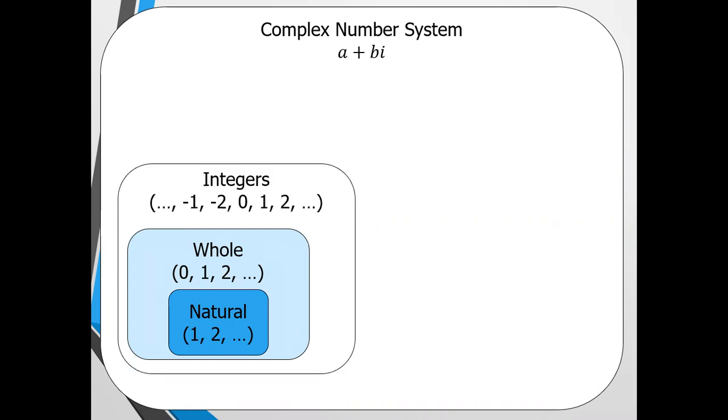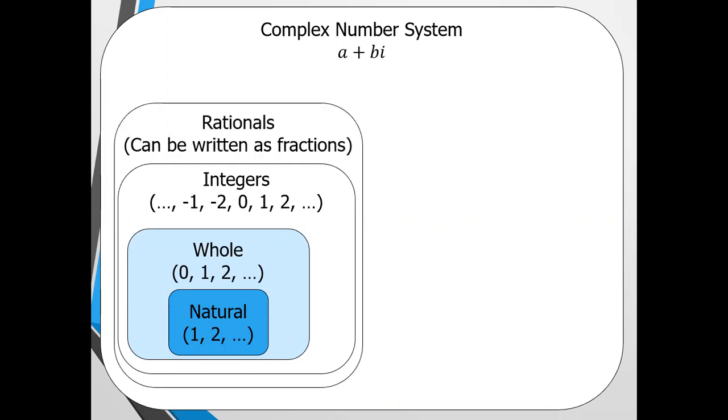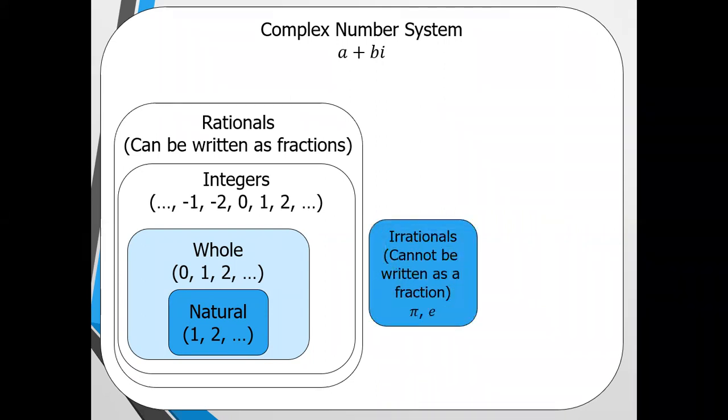And we have integers. When we talk about natural numbers, we start from 1, but integers also include the negative numbers, but they are whole numbers. Then we have rational numbers, and those are numbers that can be written as a fraction, such as 1/2, 1/3, all those things. Then we have irrational numbers that cannot be written as a fraction.